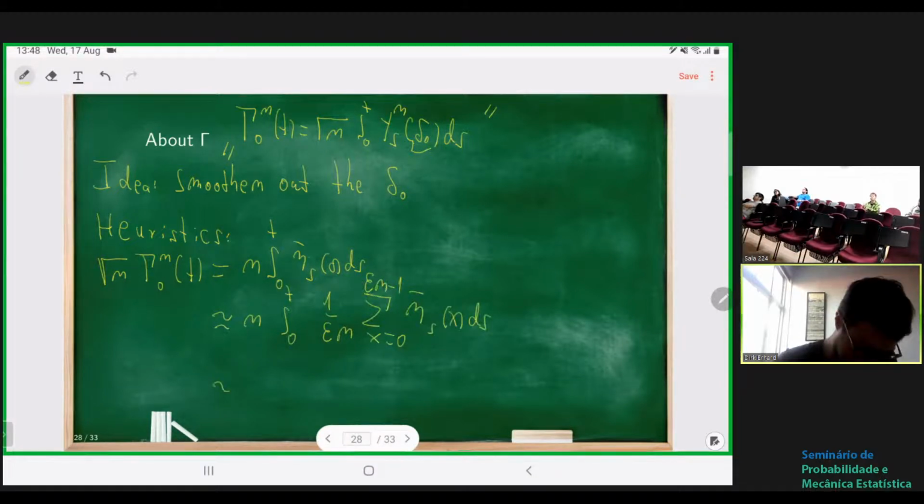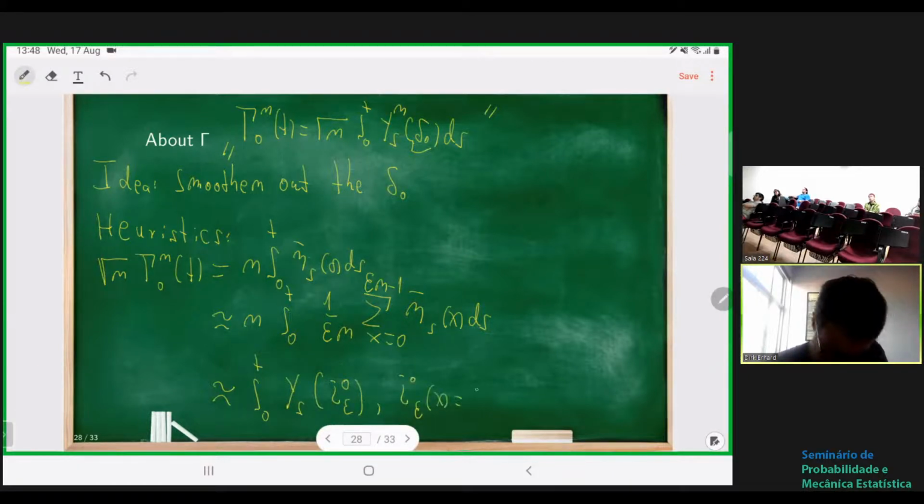And then it really turns out that this is nothing but the occupation time field at this function iota epsilon of 0, where this function is the indicator function of the interval 0 to epsilon, which may be not smooth, but is much better behaved than a Dirac. Essentially the big challenge here is to make sense out of this approximation.